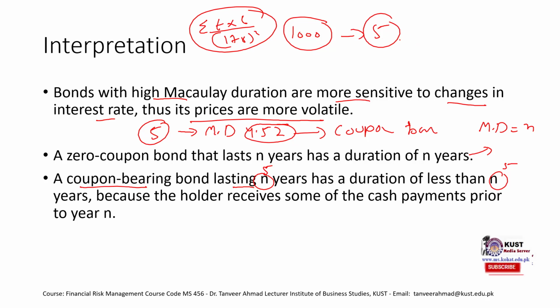Anyhow, you can try it yourself. The idea is that if there is a zero coupon bond that does not pay any coupon and its maturity is in 5 years, then its Macaulay duration would also be 5 years. You don't need to estimate it.